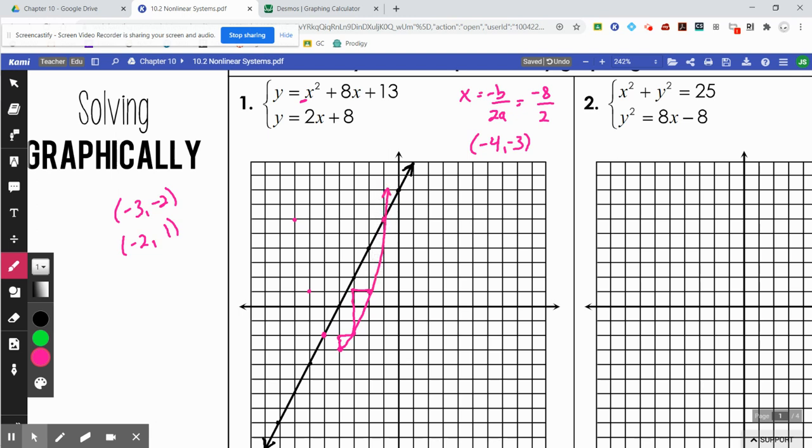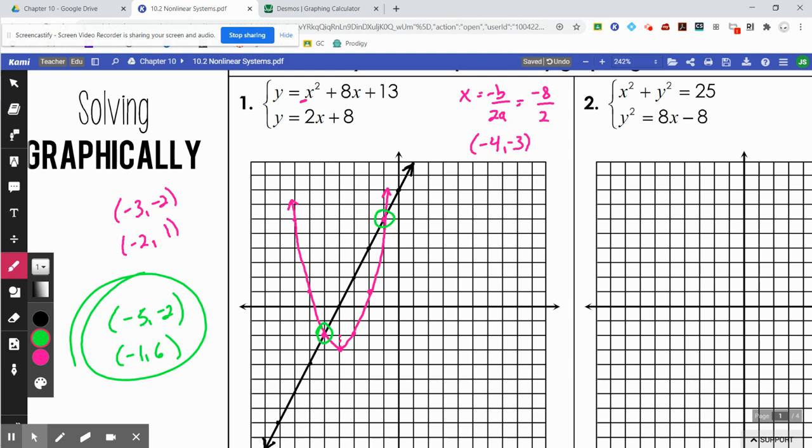But again, we're interested in simply solving the system, and that's just where these two graphs cross. So my two solutions would be right here and right here, and those two points would be negative 5, negative 2, and negative 1, 6. We can always check those by plugging them into both equations and making sure they check out.